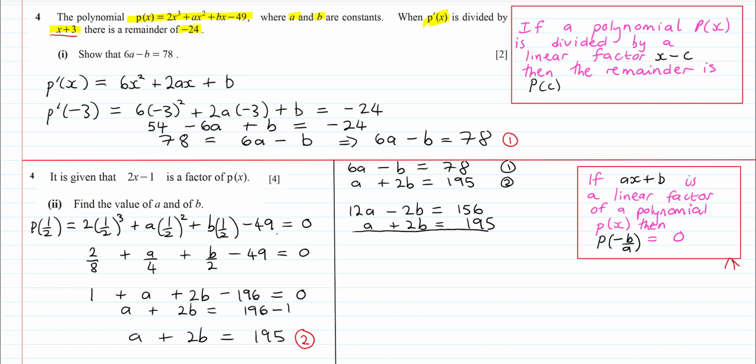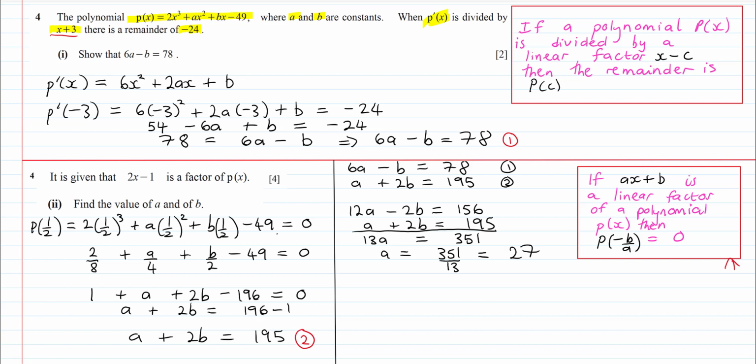So now adding these equations together, we're going to get 13a, so minus 2b plus 2b, 0b, that was the whole point, is equal to, well, 156 plus 195, that is 351. So a is going to be equal to 351 divided by 13, which is equal to 27.